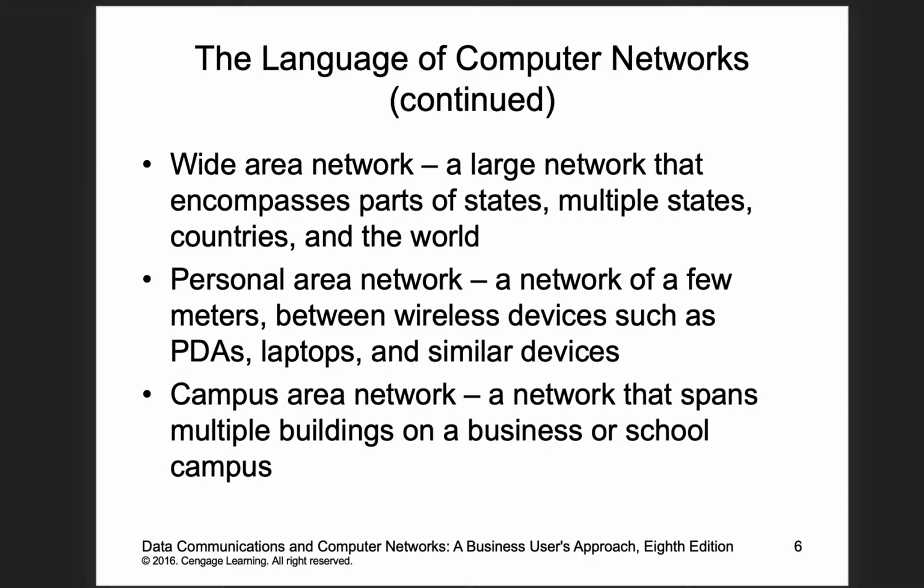Next we have the wide area network. Later we'll cover that in the class, the next few slides. Wide area network is more like a bigger area, like the state, or they call it WAN. Okay. Also we have the personal area network. It could be within a few meters.